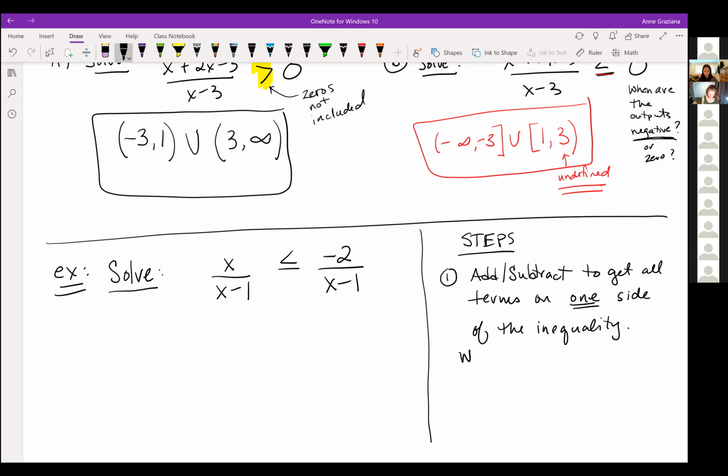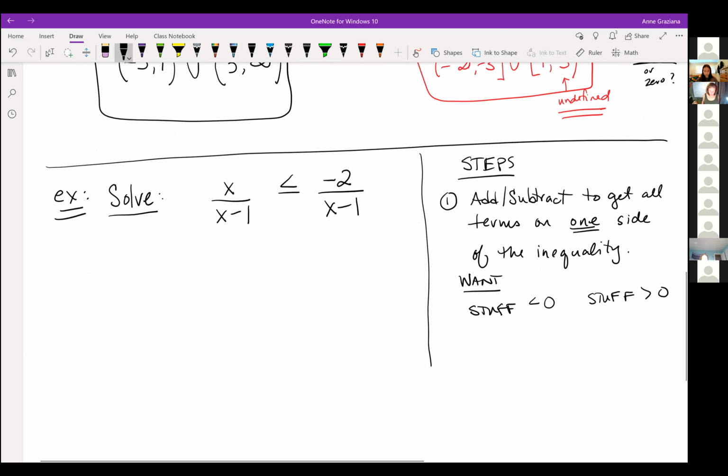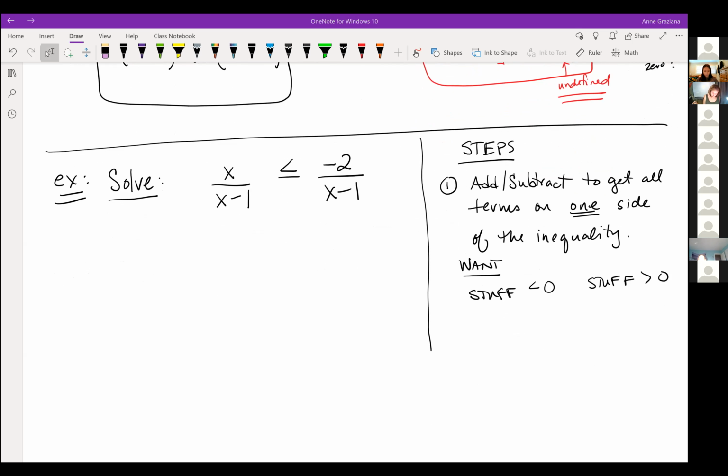I want it to be either greater than or less than 0, so I want 0 on one side. Usually I put it on the right side because it's easier to read left to right.